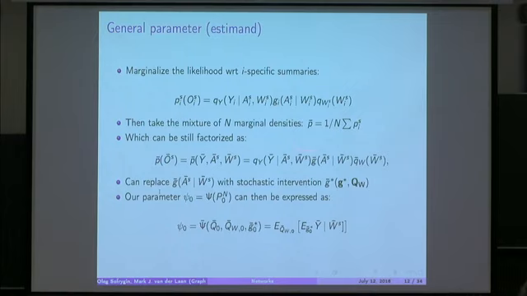Now, you can also think of a random variable that will be sampled from this mixture. And it turns out that the parameter that we just described can be succinctly expressed as simply the expectation with respect to this mixture distribution, where we're replacing our mixture exposure model with a particular stochastic intervention. That's also a mixture, but it's a function of the original stochastic intervention. It's convoluted, but the point is that the usual log likelihood loss function that's used in maximum likelihood estimation turns out to be a valid loss function for the factors of this likelihood. So it's a valid loss function. It doesn't necessarily prove everything else.